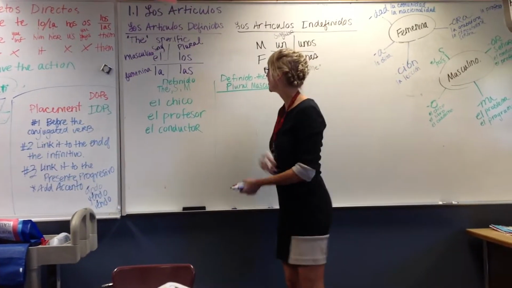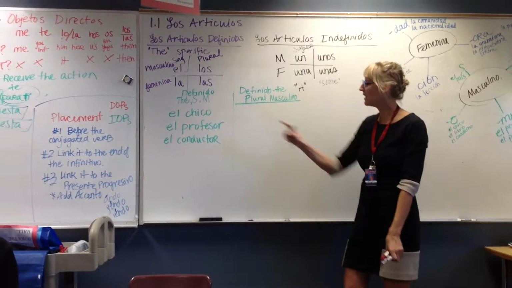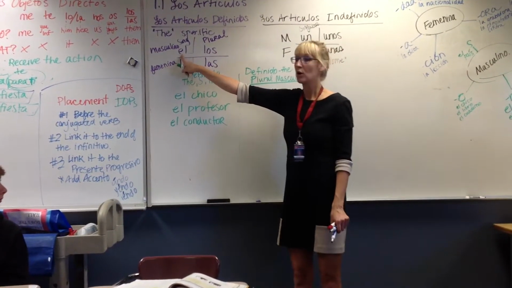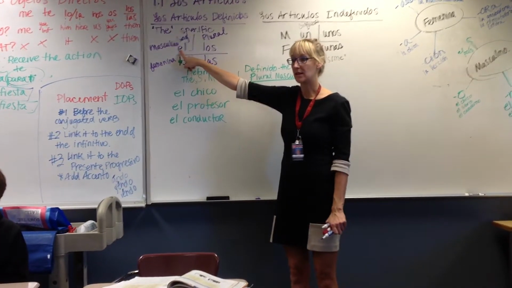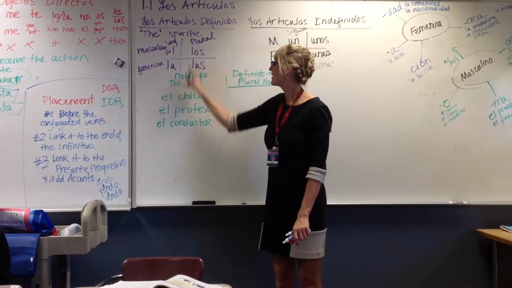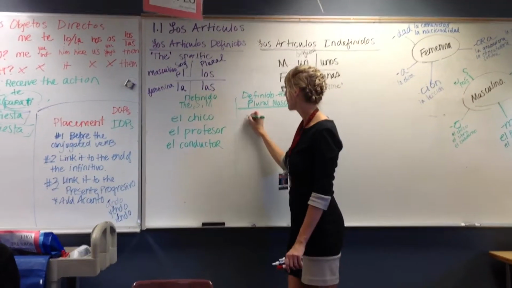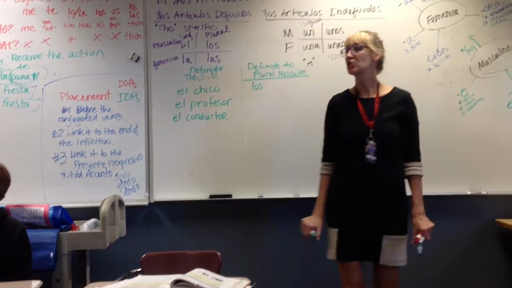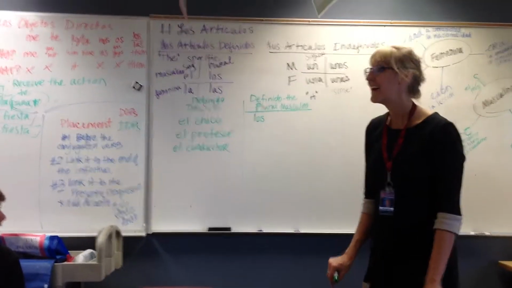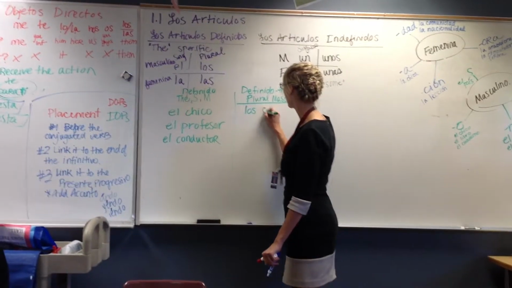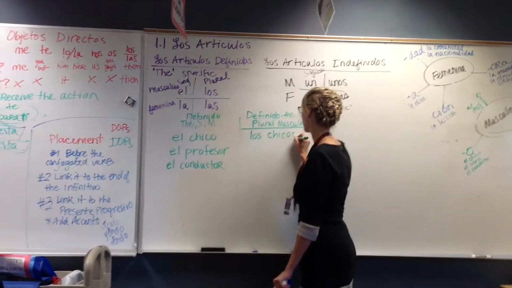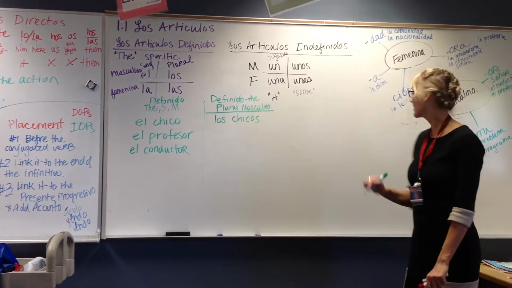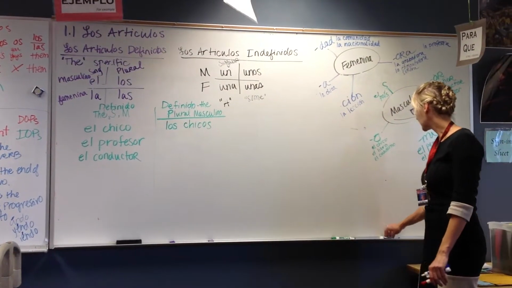So first of all, el chico means the boy. So here's our el. What is the plural of el going to be? Los. So we need to have los. Then, what do we need to do to chico to make it plural? Add an S. So you're going to have los chicos. ¿Todo bien?